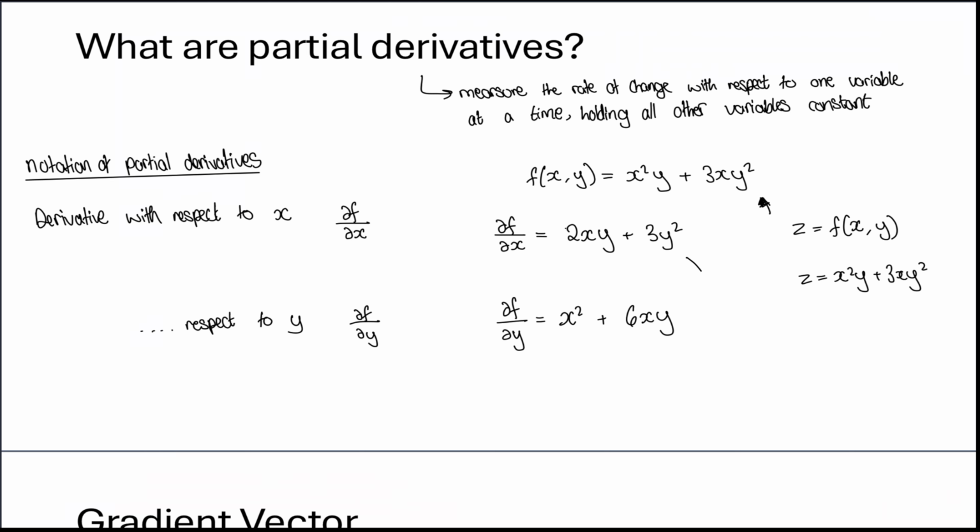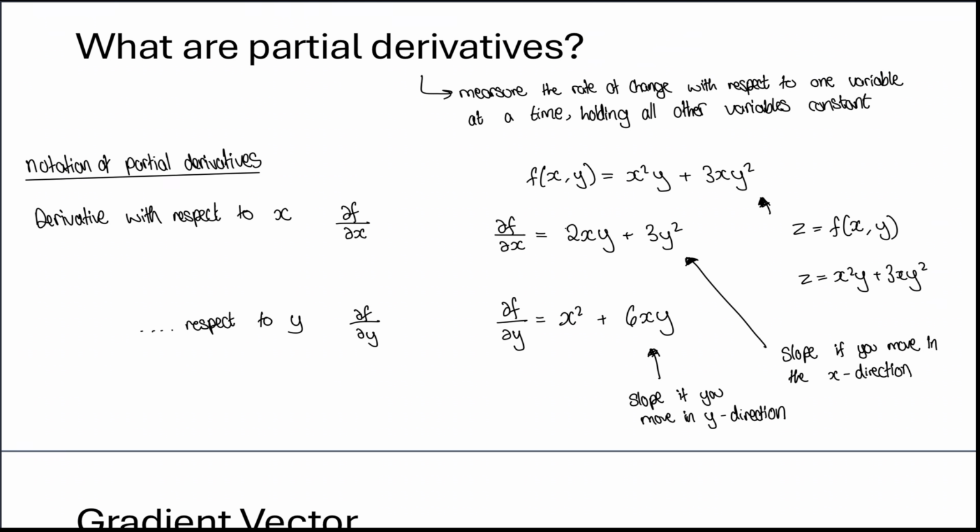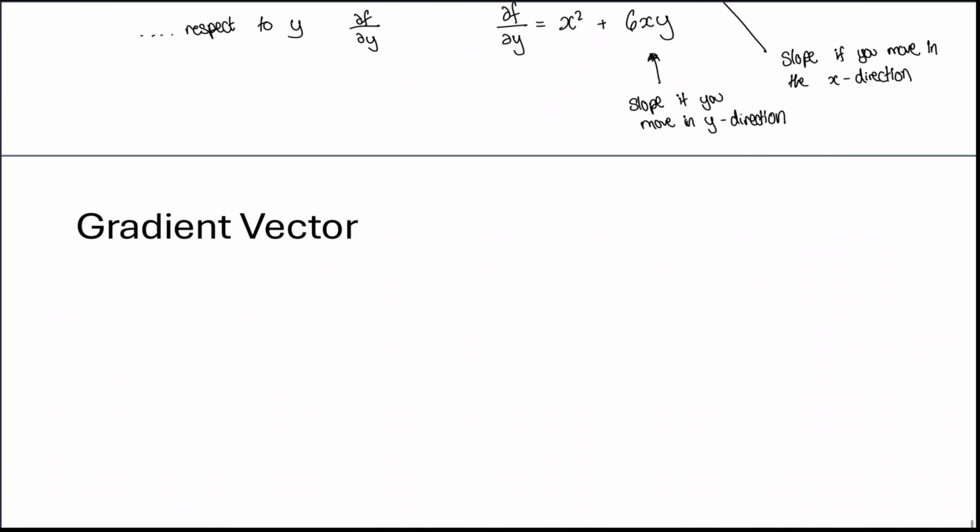And what this is telling us when we partially differentiate with respect to x is the slope if you move in the x direction. And what this is telling you is the slope if you move in the y direction. So this is quite important when we look at the gradient vector.